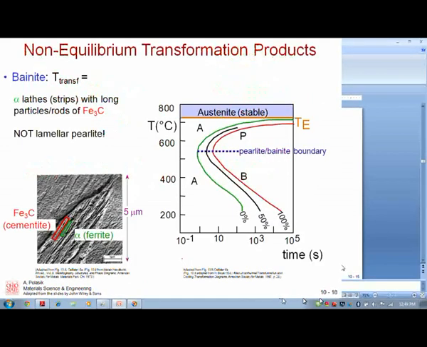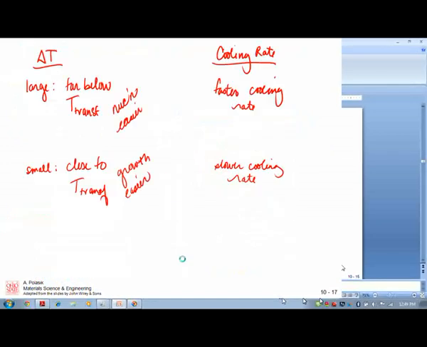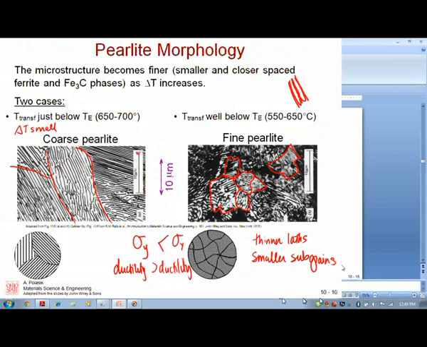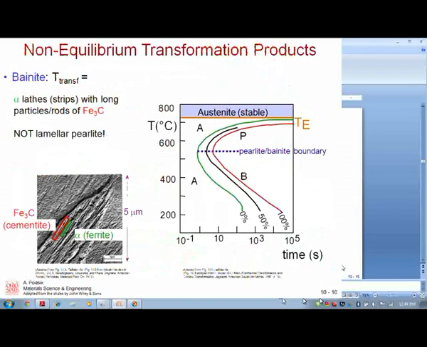So this is a non-equilibrium transformation product. And we talked about this briefly. We didn't talk about it in great detail. But this is bainite. So let's go back and look at that pearlite image. This is 10 microns. Okay? For bainite, this entire image is 5 microns.